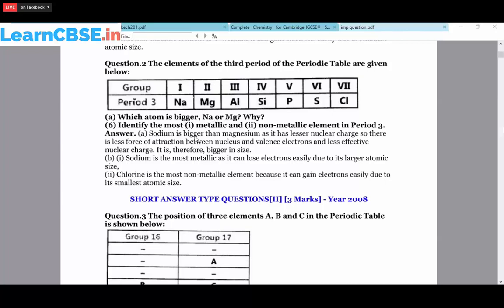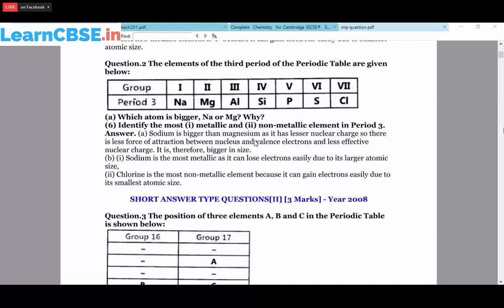Because of that, sodium has a bigger atom, with lesser nuclear charge, so there is less force of attraction between the nucleus and the valence electrons, so there is less effective nuclear charge, and it is therefore bigger in size.